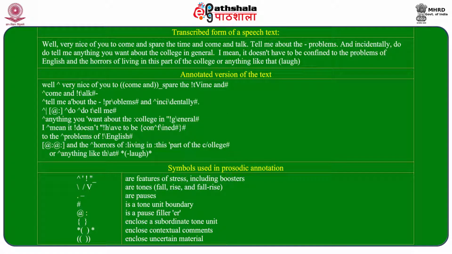So this talks about the representation of sound elements, or properties of speech, in written versions. Prosodic annotation tries to capture all the properties of speech which are normally observed in normal discourse or dialogic interactions.